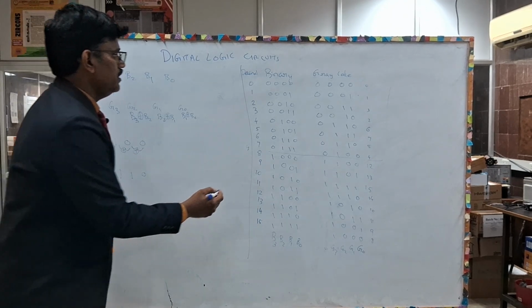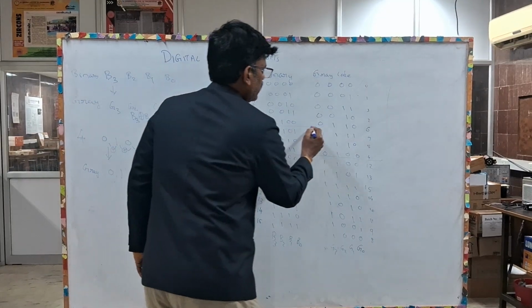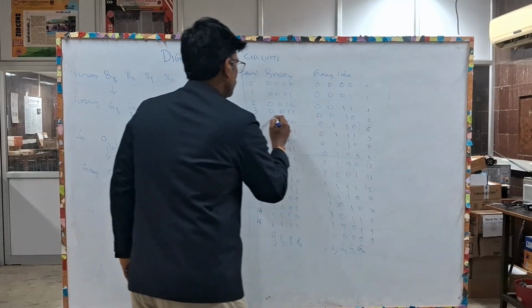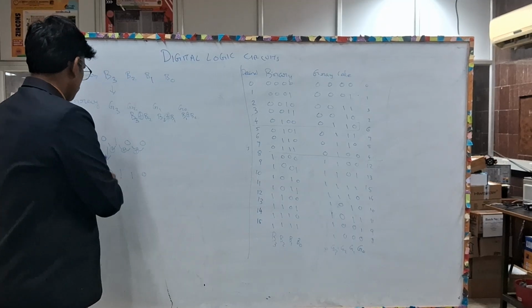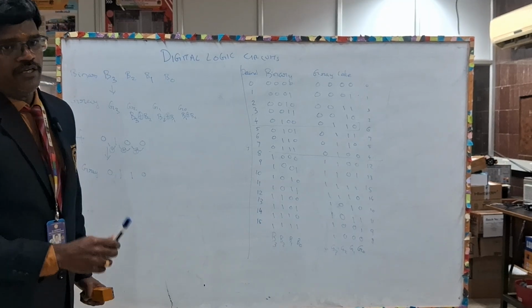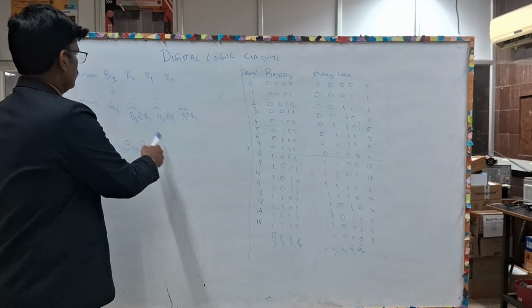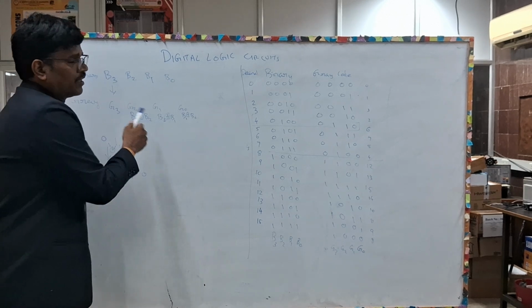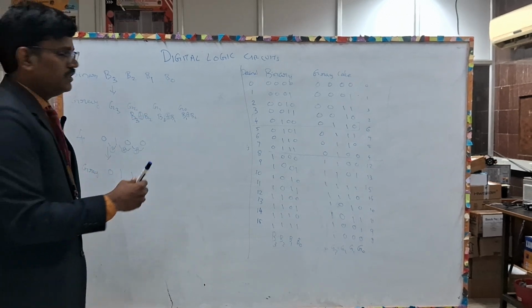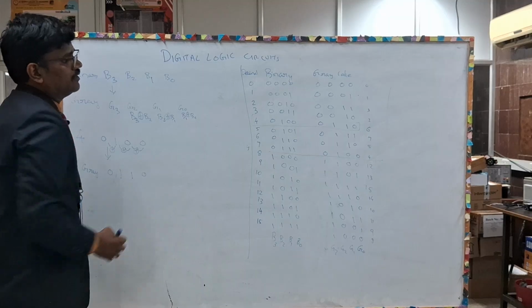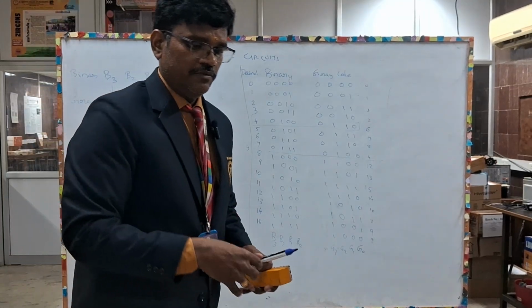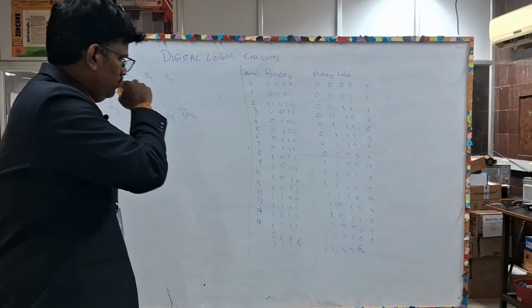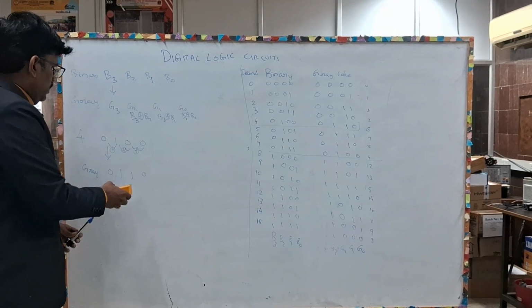So you can see the conversion uses this logic from binary bits to find G0, and this is the answer.